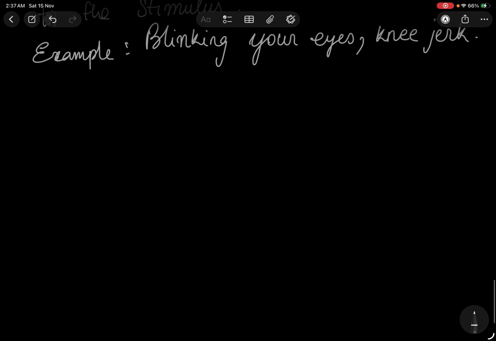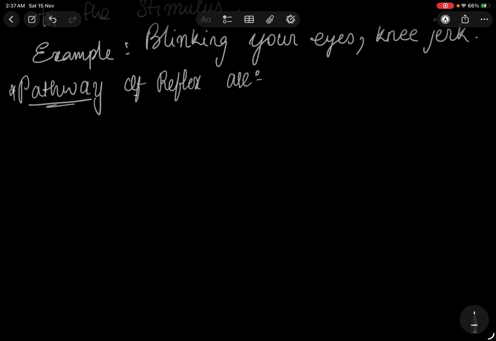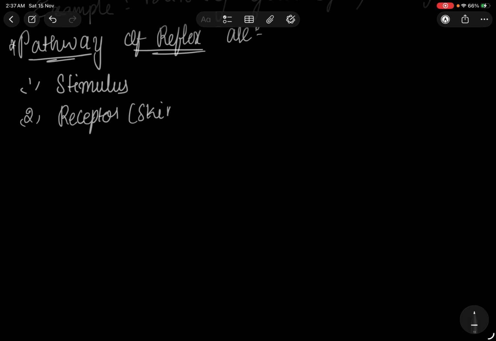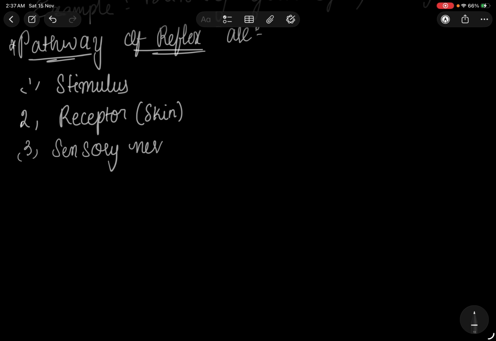So let us see the pathway of the reflex arc. First is stimulus, that is a change in the environment. Then receptor. Receptors means skin. Next, sensory nerve, and fourth, spinal cord, where it makes the decision.